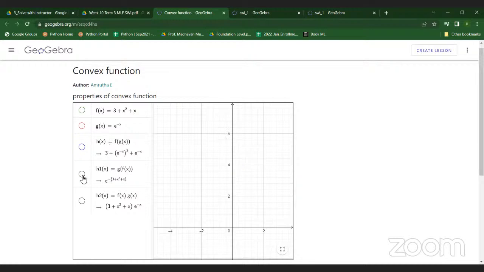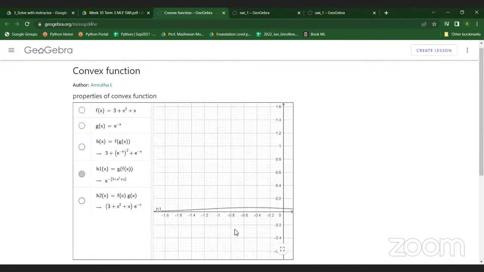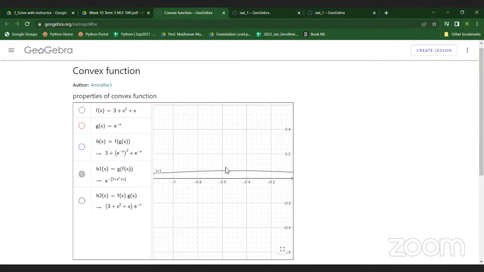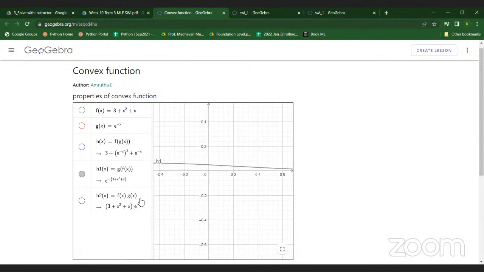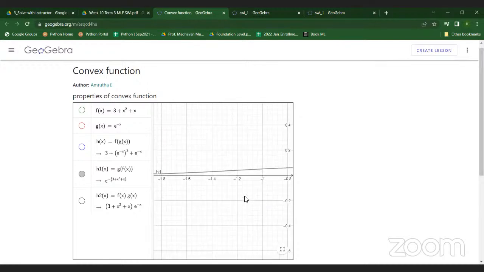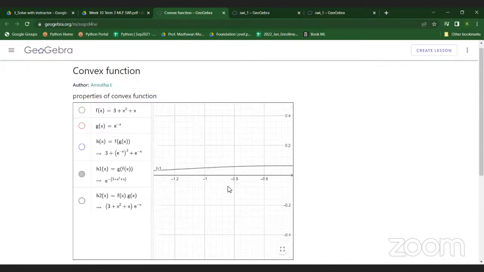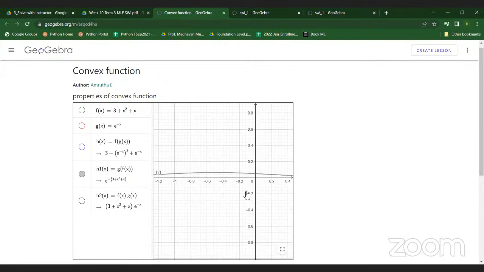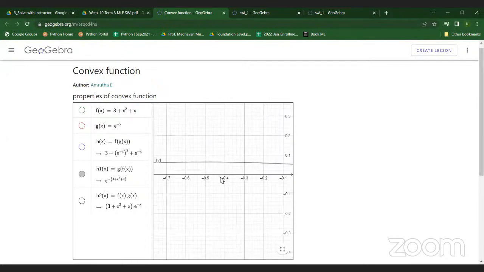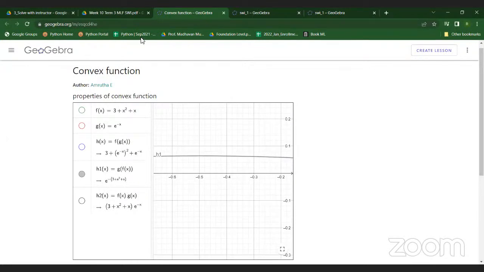But if you look at this, e power minus 3, this one is not convex, but it is like e power minus 3 plus x square plus x.